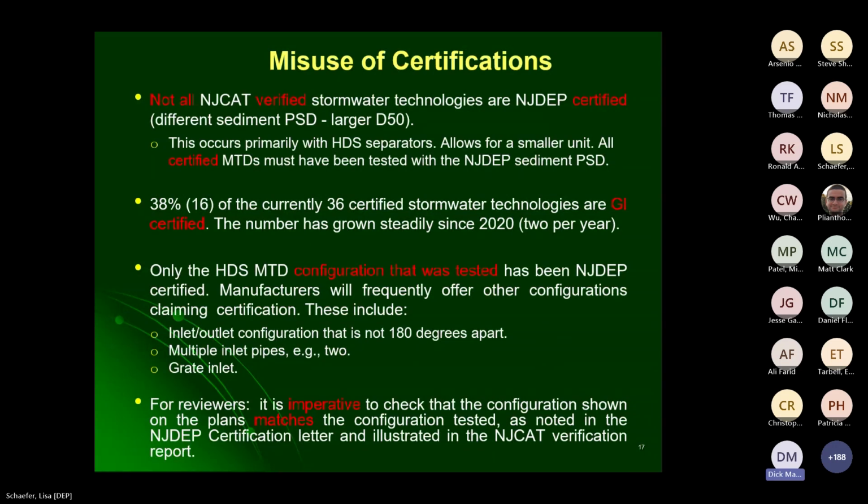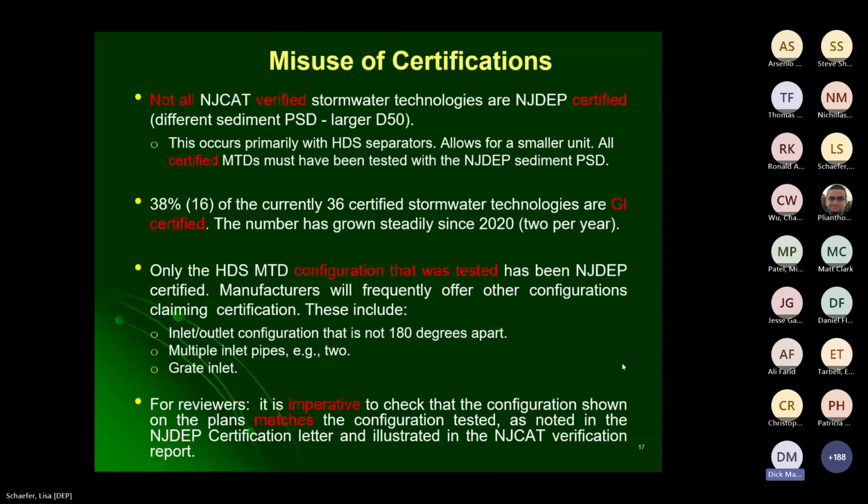D50 is going to be less than 75 microns, which means that 50% of the particles that come in as TSS are less than 75 microns. If you go to a larger particle size, which some states are willing to accept, it's called OK 110, where it's more like a D50 of 110 to 150, 120 usually, you can obviously get higher performance. And in any event, it occurs almost exclusively with HDS separators.